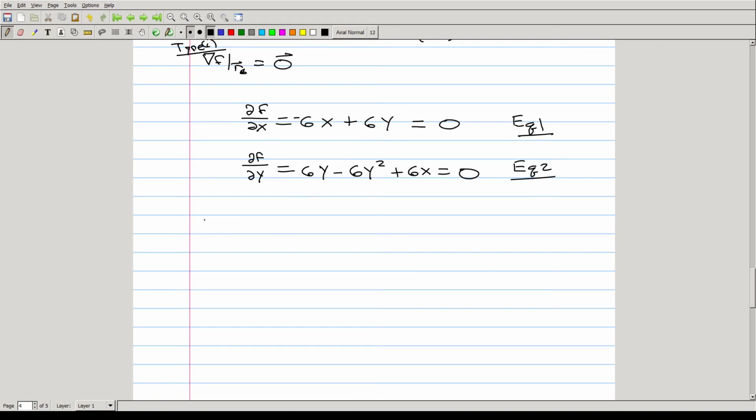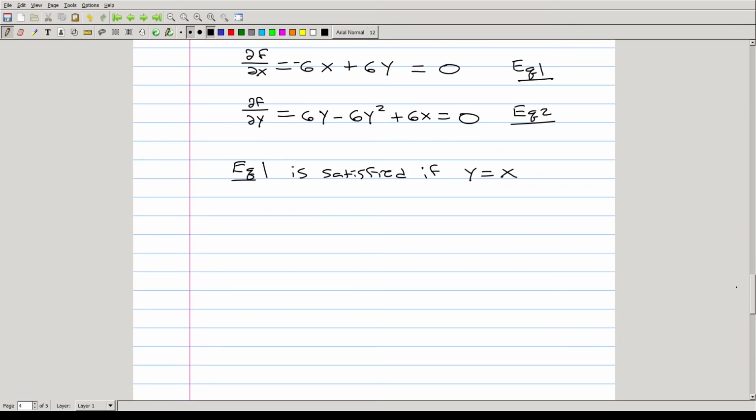And sure enough, equation 1 is satisfied relatively easily. This is satisfied when y is equal to x. So this is the only possible way that we have of satisfying equation 1.